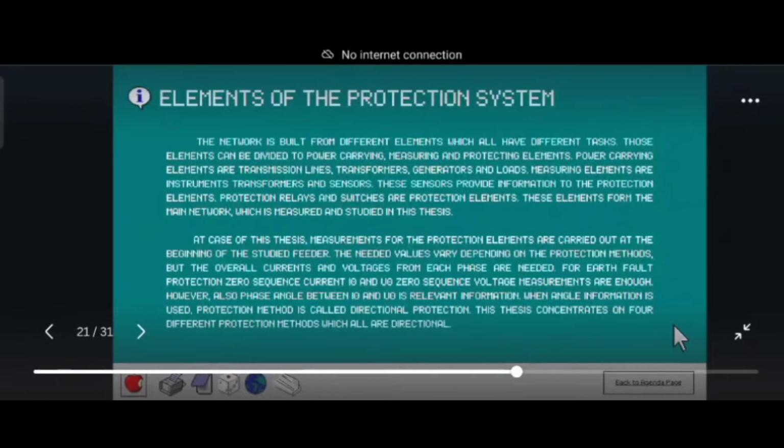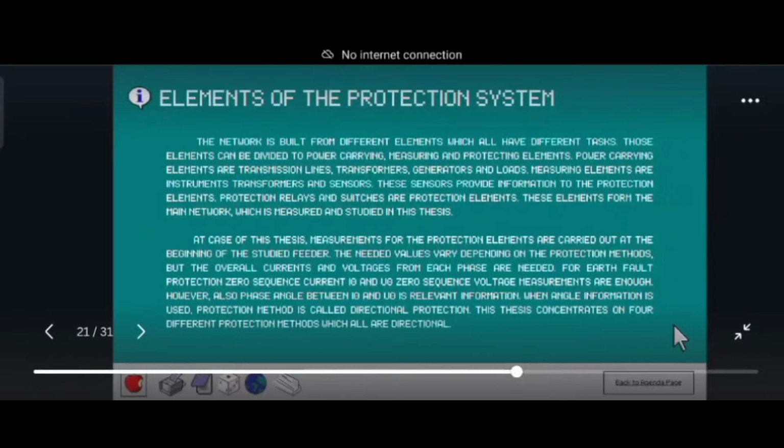In the case of this thesis, measurements for the protection elements are carried out at the beginning of the studied feeder. The needed values vary depending on the protection method, but the overall current and voltage from each phase are needed. For earth fault protection, zero sequence current I0 and zero sequence voltage U0 measurements are enough.